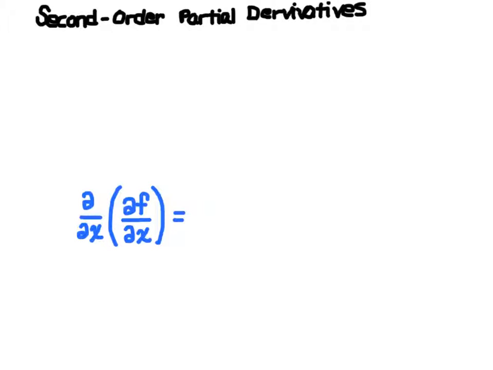And another way to write that is to say we're going to take the second order partial derivative of f with respect to x, and we put a 2, and that does not mean x squared, a 2 right there.